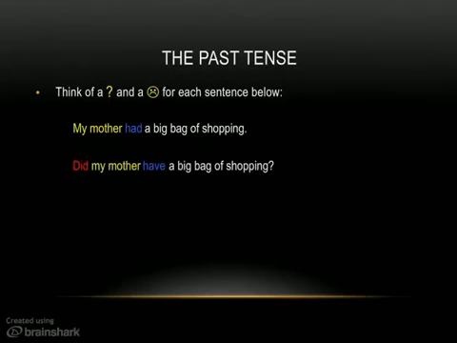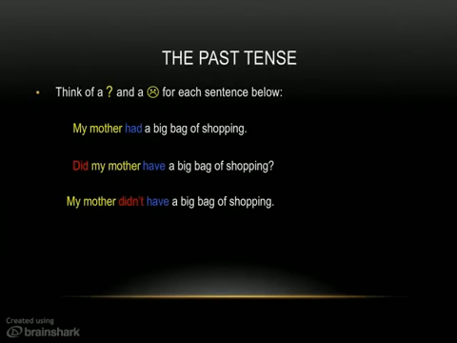Did my mother have a big bag of shopping? Het hele werkwoord hebben is to have. And we want to say no, so what is the negative form? My mother didn't have a big bag of shopping.